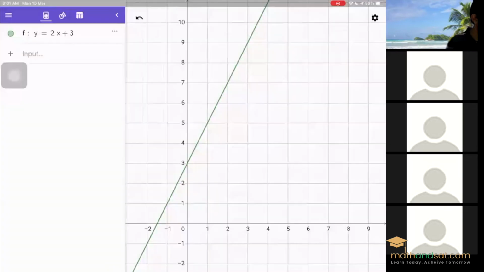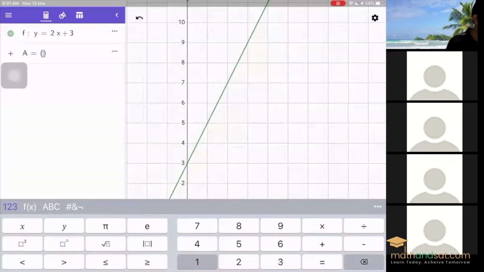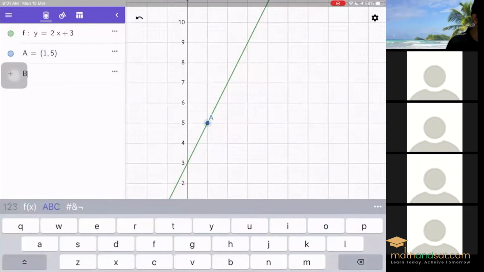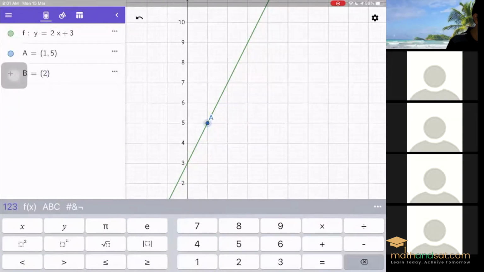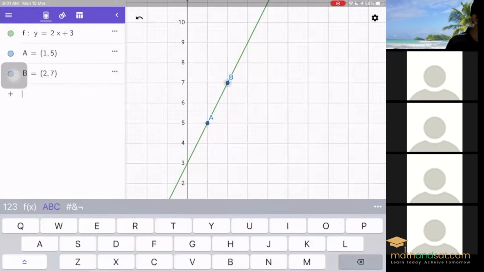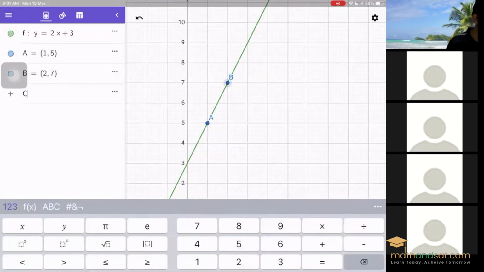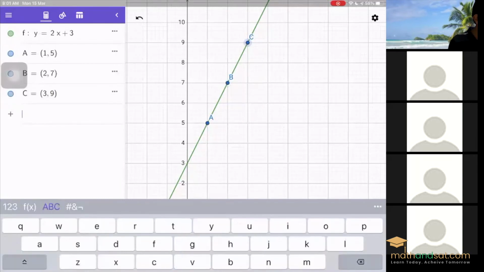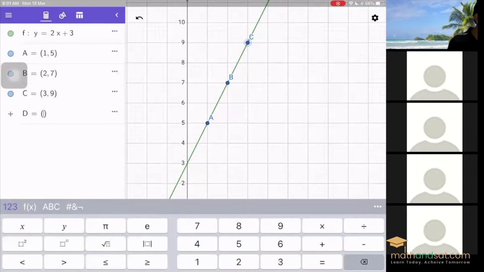See, we have 1, 5; we have 2, 7; we have 3, 9; and we have 4, 11. See?